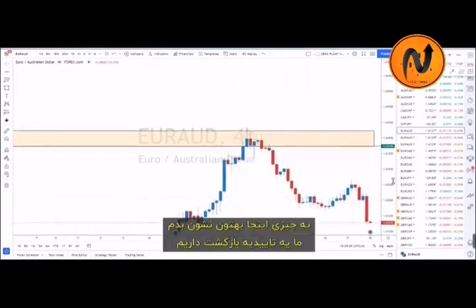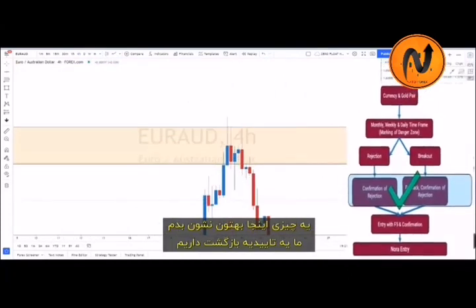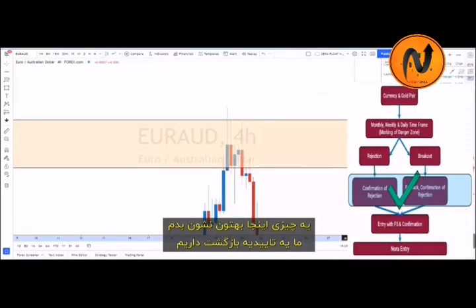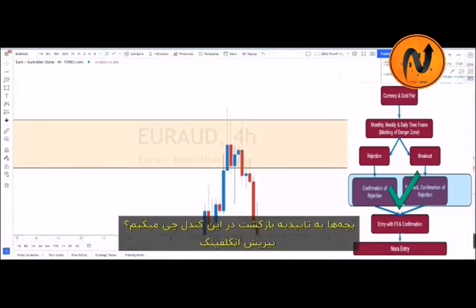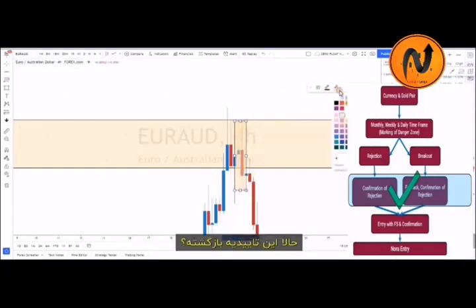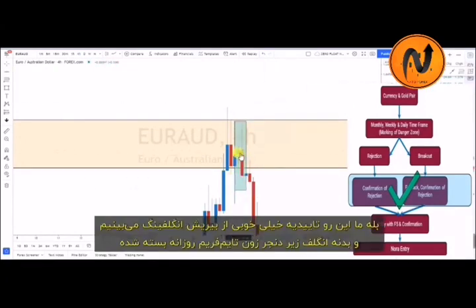As you can see here, I'm going to show you one thing. We have one confirmation of rejection. I'm going to mark this properly. Confirmation of rejection on this candlestick. What do you call this, guys? The bearish engulfing. Now, is this a confirmation of rejection? Yes. I would consider this a very good bearish engulfing, and the body of the engulf closes below the danger zone of the daily time frame.